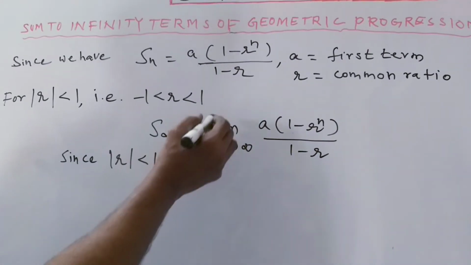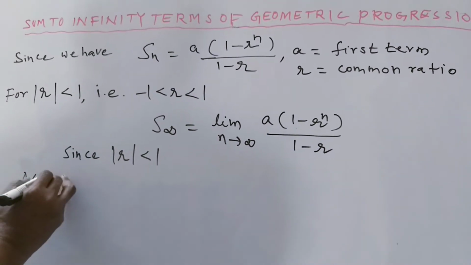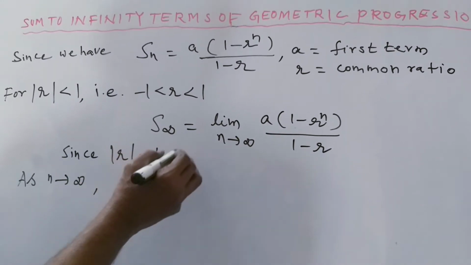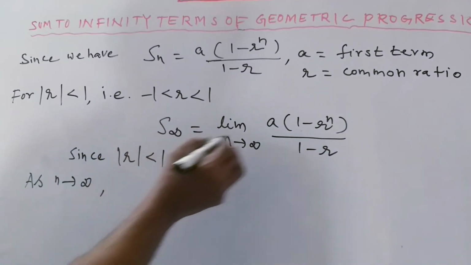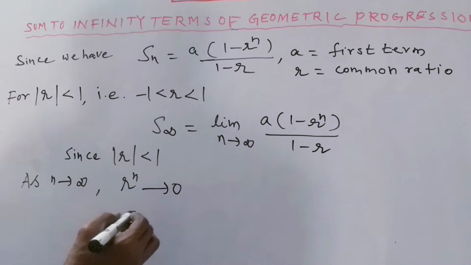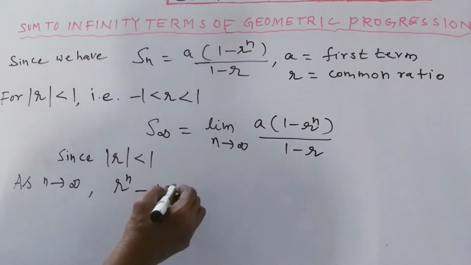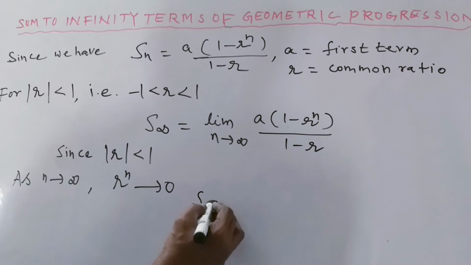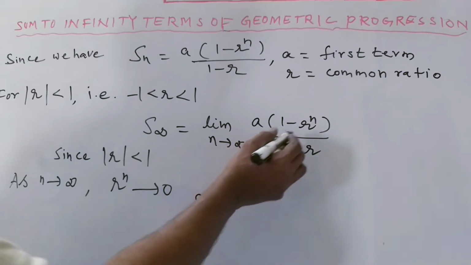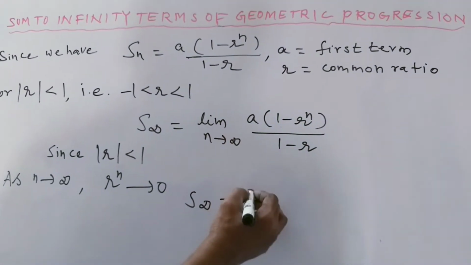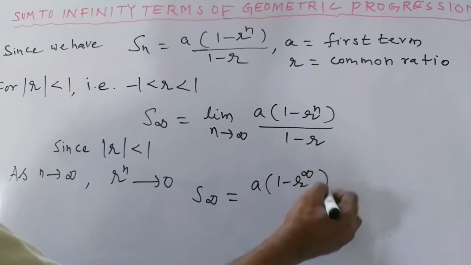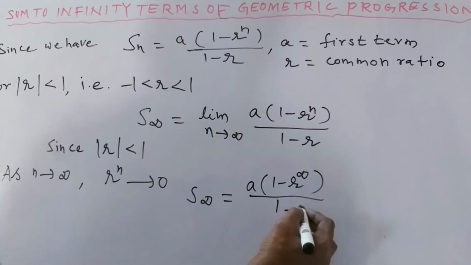So here as n tends to infinity, r to the power of n tends to 0. So S infinity is equal to, after substituting n is equal to infinity wherever n is in this, A of 1 minus r to the power of infinity by 1 minus r.